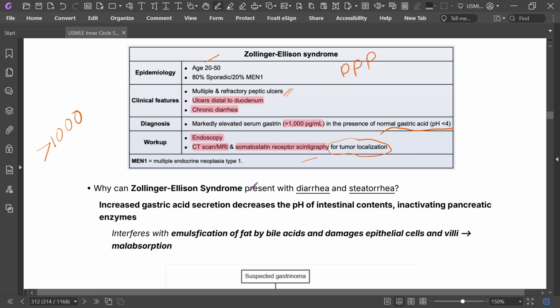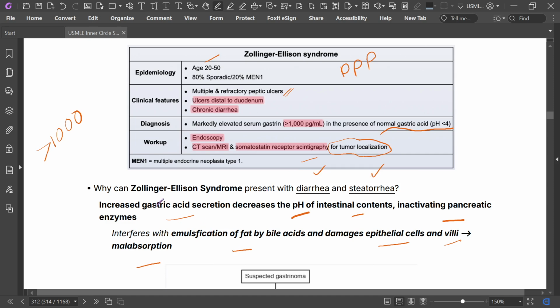Why can Zollinger Ellison syndrome present with diarrhea and steatorrhea? Because there is increased gastric acid secretion and decreased pH of the intestinal contents, inactivating pancreatic enzymes, interfering with the emulsification of fat by bile acid, and damaging the epithelial cells and villi, thus causing malabsorption.